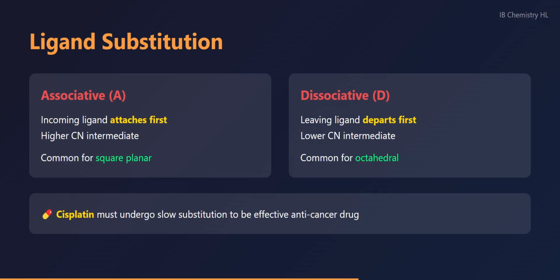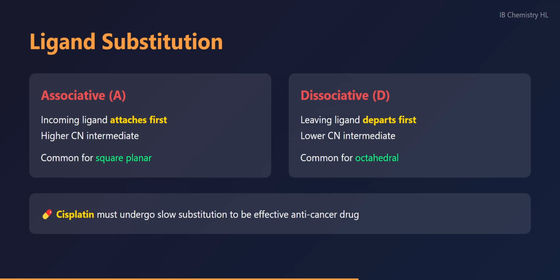Ligand substitution reactions involve replacing one ligand with another. There are two main mechanisms. The associative mechanism involves the incoming ligand first attaching to the metal, forming a higher coordination number intermediate before the leaving group departs. This is common for square planar complexes.